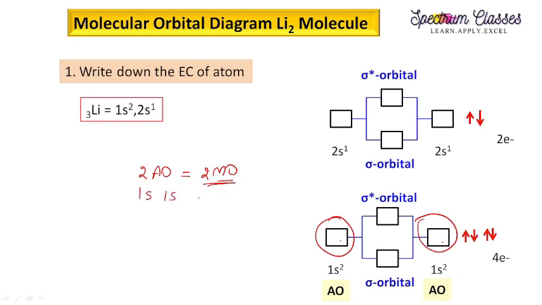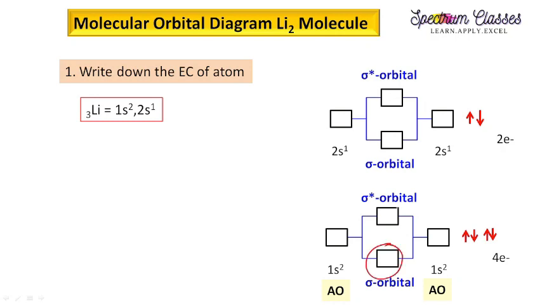The 1s orbitals will combine together and form two molecular orbitals. One is sigma and the other one is sigma star, as I told you earlier in my previous slide. So here we get sigma and sigma star by the overlapping of s and s orbitals. Here this is the sigma orbital and this is sigma star.